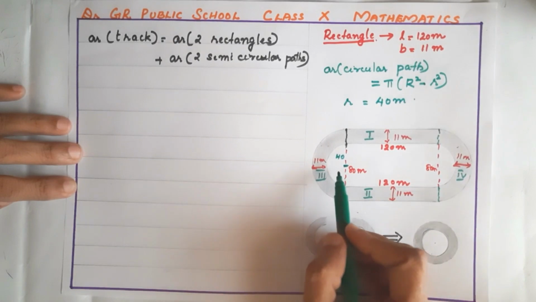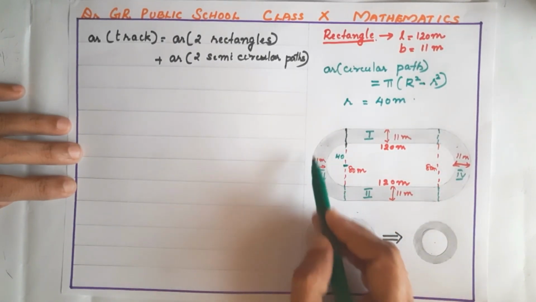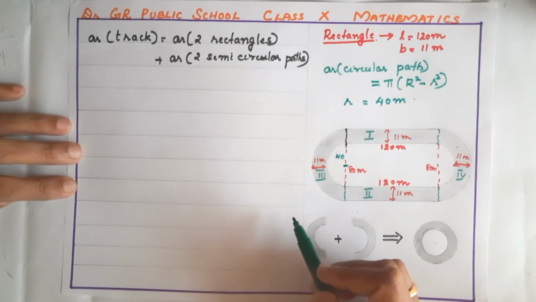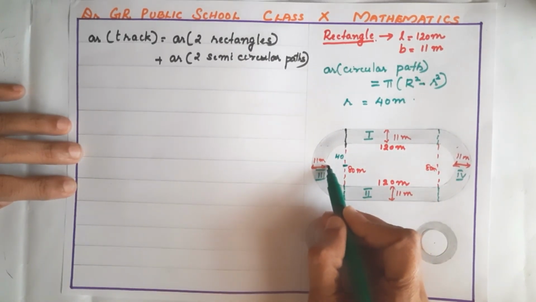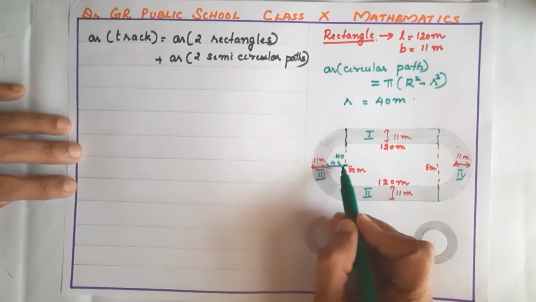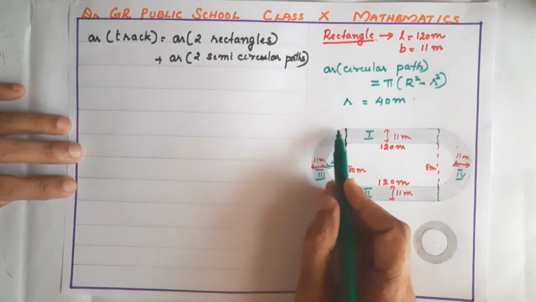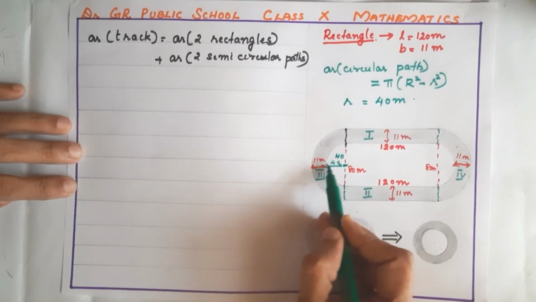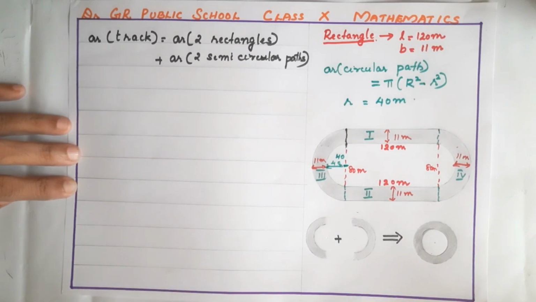Okay. Now we need outer circle radius. How will you get outer circle radius? See children, this is the radius of inner circle. Okay, that is 40. Radius of inner circle is 40. Then how will you get up to this much? This is the outer circle. So 40 plus what is this width? 11.